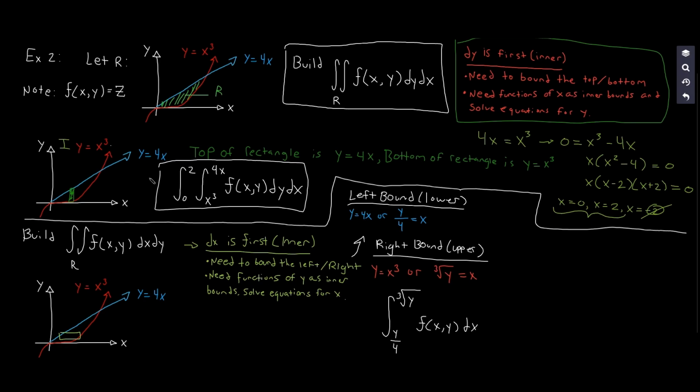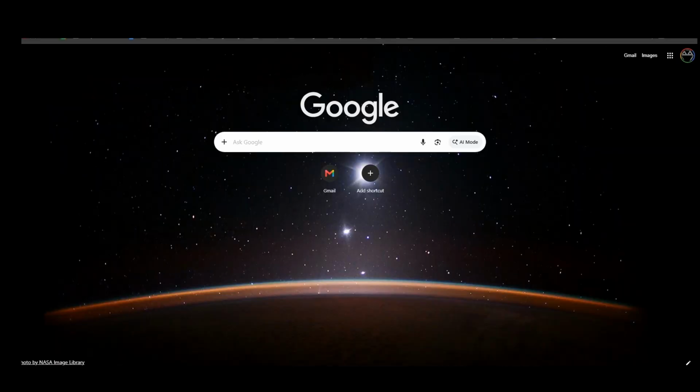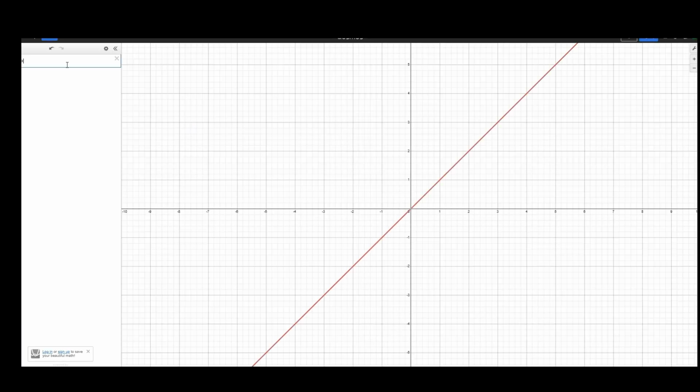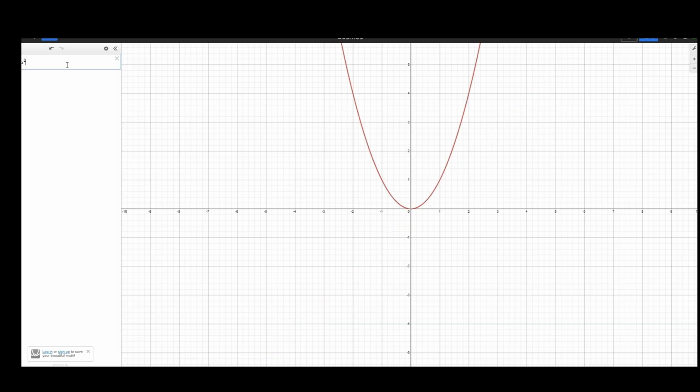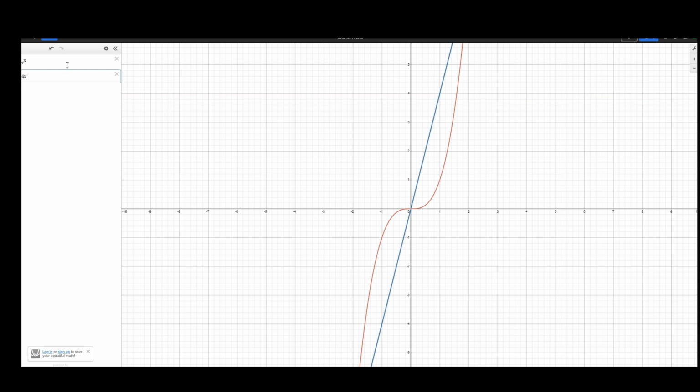Okay, and that's for our function f of x and y, and we're doing dx first. So now we have to reduce it to one dimension and find the bounds on y. We want to see where they intersect. Can I just Desmos this? Desmos y equals x raised to the third, and y equals 4x.